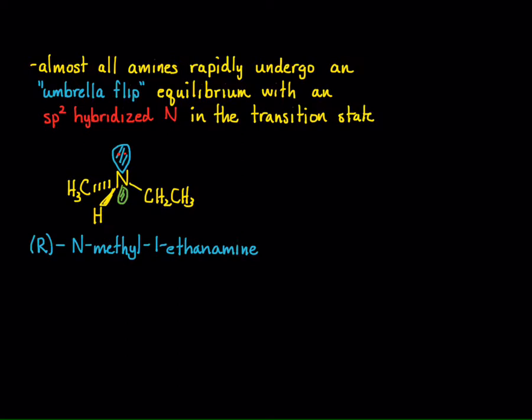So do we have to now think about the stereochemistry of all of the amines? Well, not really, and this is why. Because this umbrella flip occurs. And what happens is the nitrogen can go from sp3 to sp2, and if we think about that process that occurs, an sp2 atom is trigonal planar, which means that now the lone pair of electrons are in a p orbital.